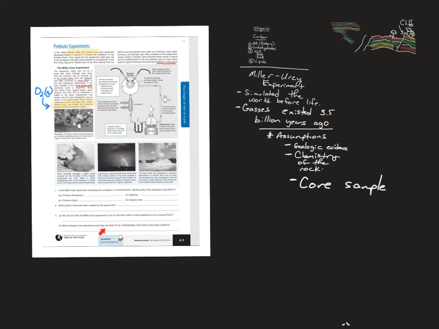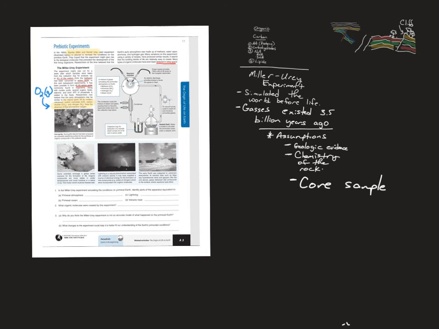What changes in the experiment could help it to better fit our understanding of the Earth's primordial conditions? So what might we be able to change in this experiment that might help us make it more like those primary conditions?